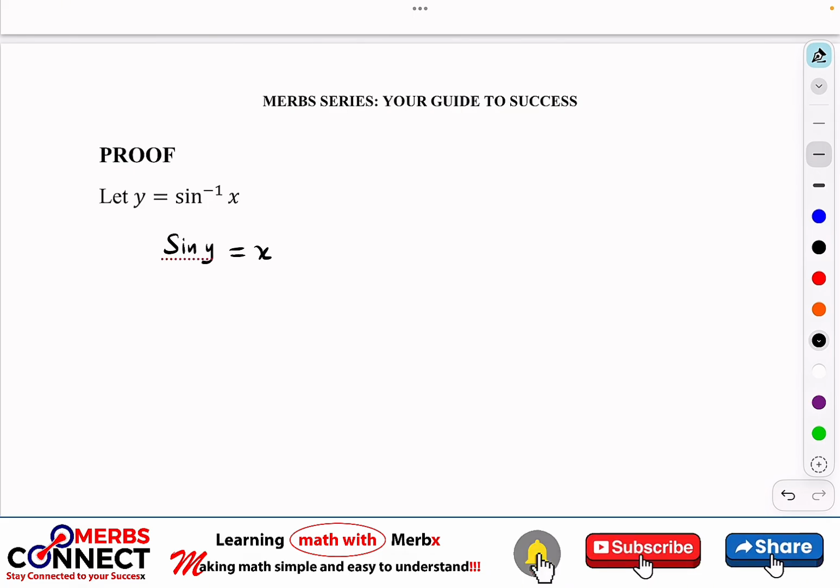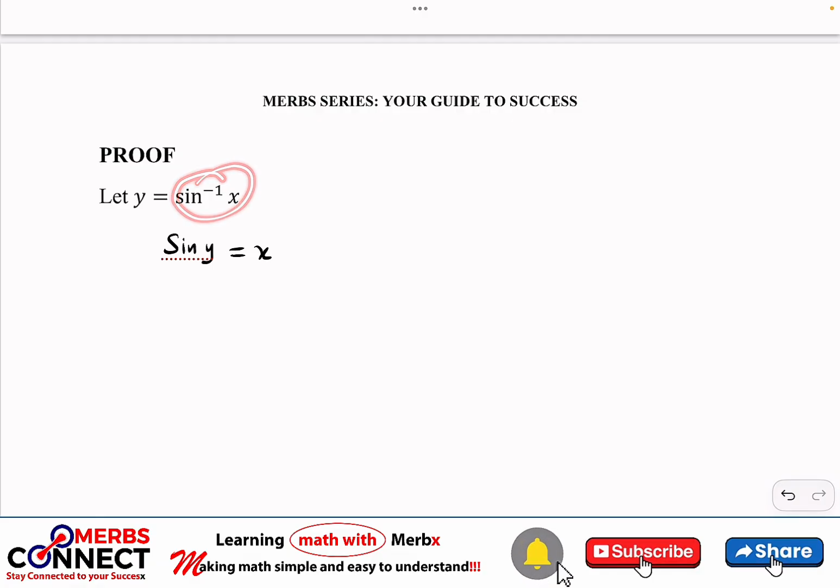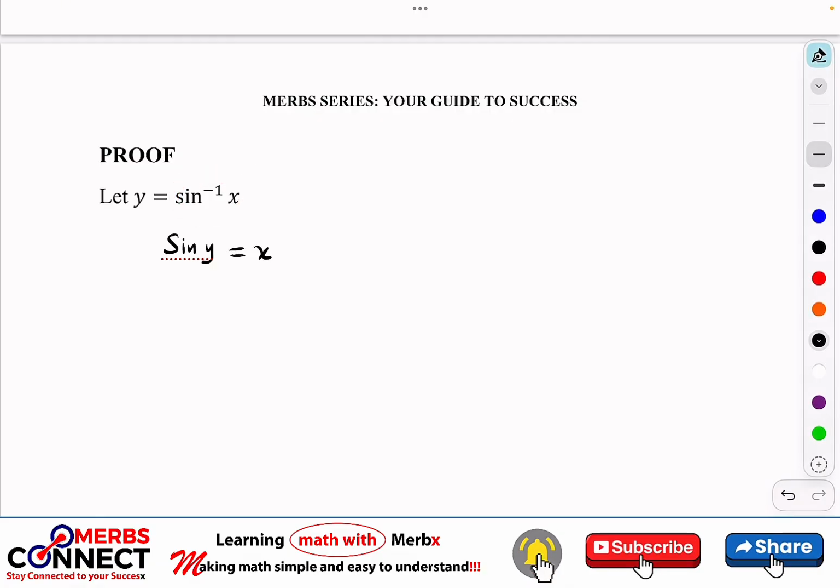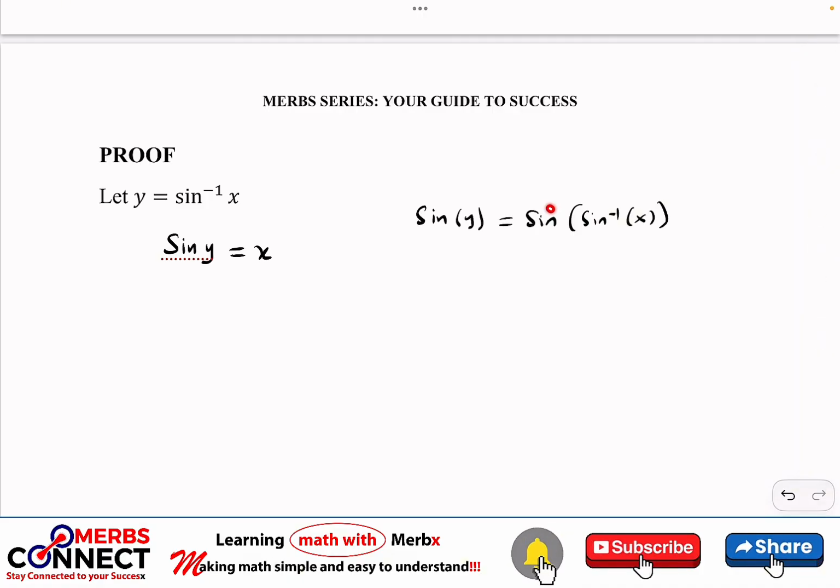The idea is to find the sine of both sides. It's not mathematically exact, but it's like finding sine of y equals sine of sine inverse of x. We learn from inverse functions that if we have a function and its inverse, they cancel and we are left with what is inside. So this is what we get at the end of the day.